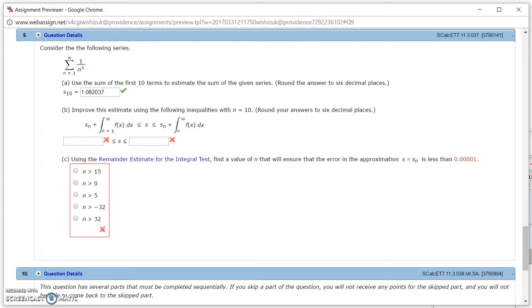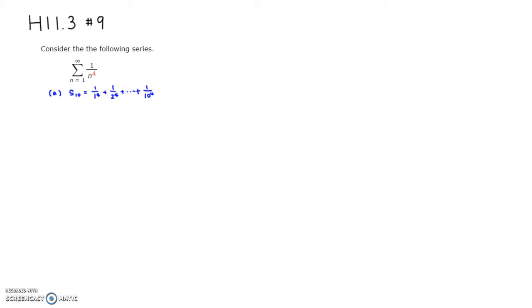Let's do part B. Improve this estimate using the following inequalities with n equals 10. We're talking about the lower bound and the upper bound of the sum s. Let's compute those values. For the lower bound, I'm going to call it L sub 10.